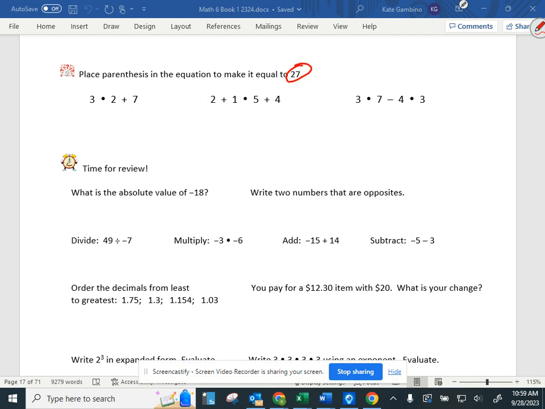We know 1 times the number, so 1 times 27. I don't have a 27 in there or a 1. What else can we multiply together to equal 27, Zelda? 3 and 9. 3 times 9. Is there a way for me to make 3 times 9? Amanda?